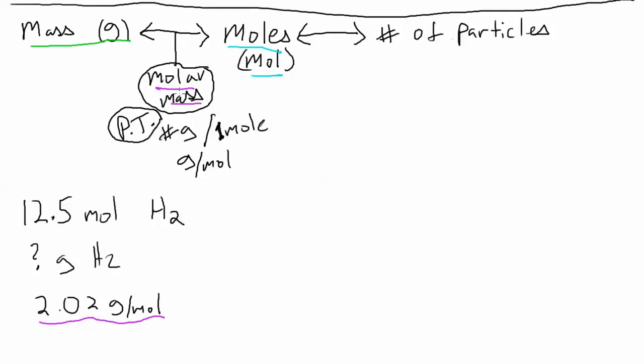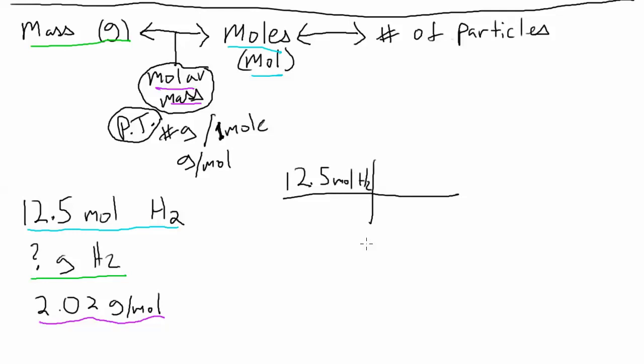And that is the molar mass of hydrogen that we found on the periodic table. What we were given is the molar amount, and what we're being asked to find is the mass amount, the amount in grams. So let's go ahead and set this up using dimensional analysis now that we've got all the components together. What we know to start with goes up here, 12.5 moles of hydrogen.